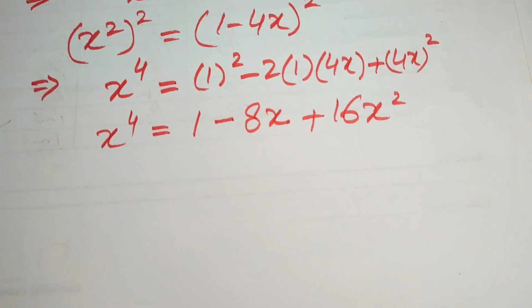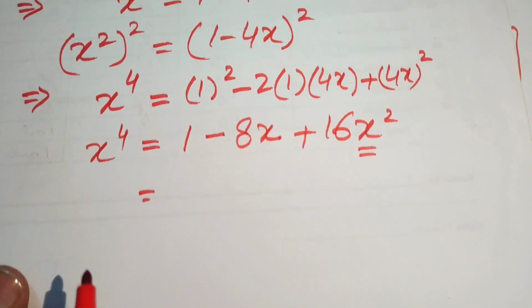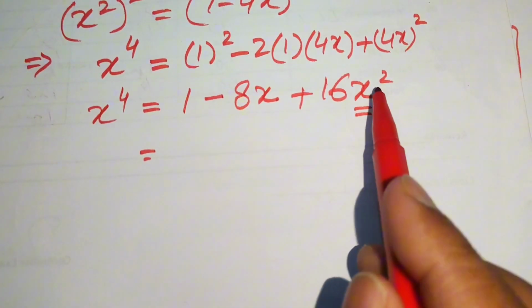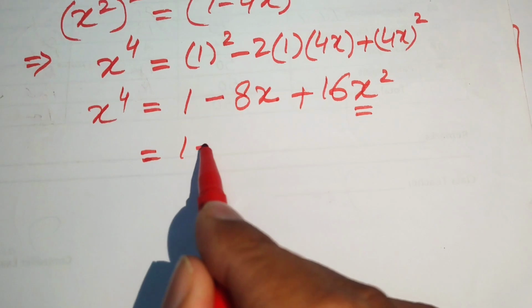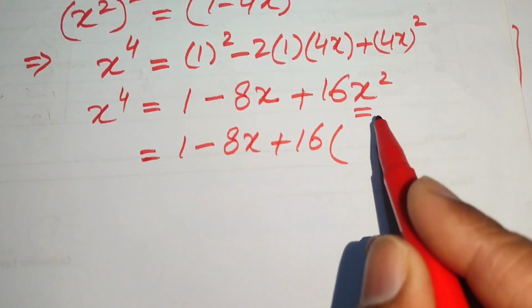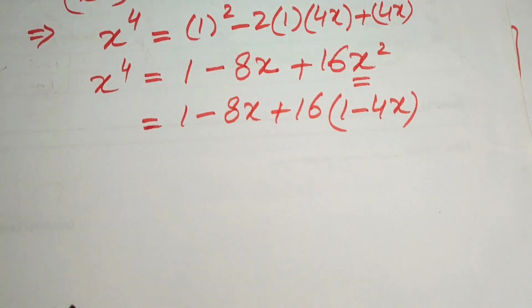So this is x to the power of 4. Here we again use the value of x squared, which equals 1 minus 4x. Using this value, it is written as 1 minus 8x plus 16 times x squared equals 1 minus 4x.